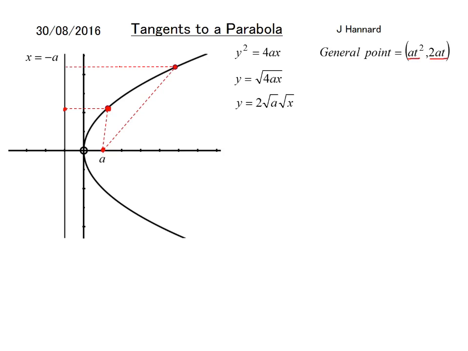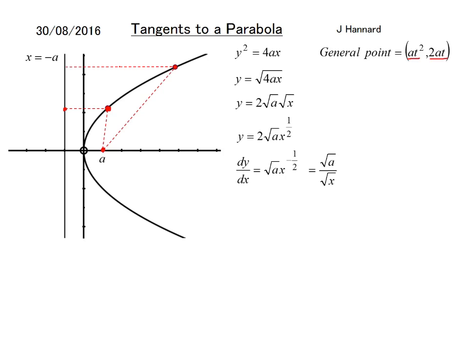Now we want to write that in power form, which is y equals 2 root a x to the half, because we're going to differentiate it. To work out the gradient we find dy by dx: power to the front, take 1 off the power. So the half comes to the front, cancels out the 2, and it becomes root a x to the minus a half, because we take 1 off the power.